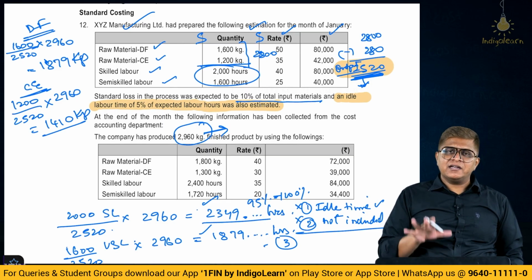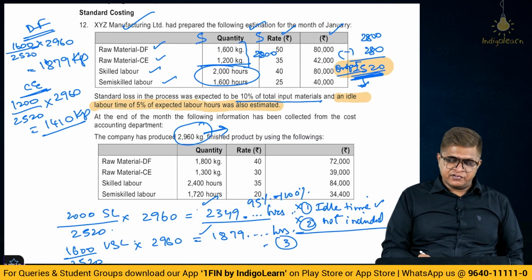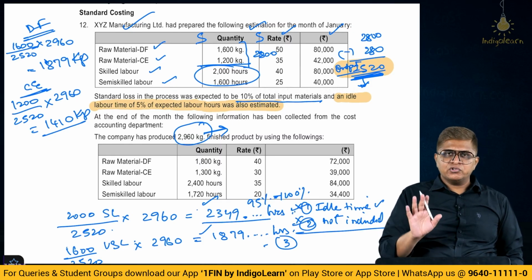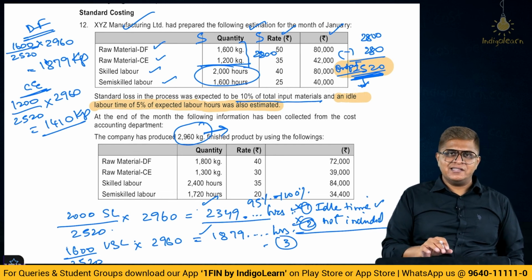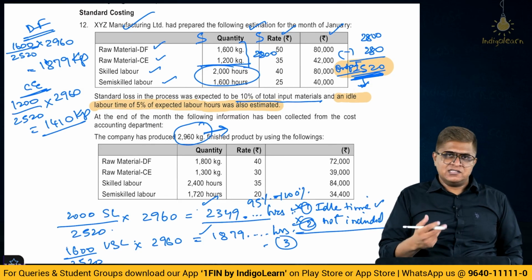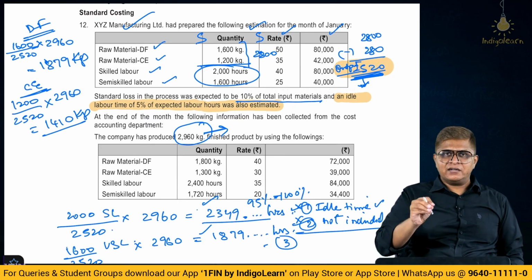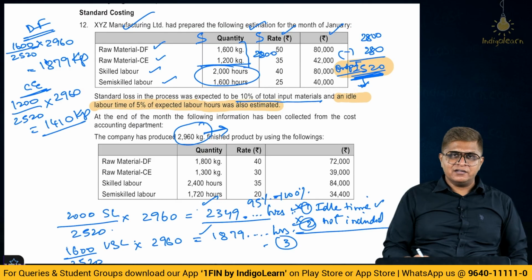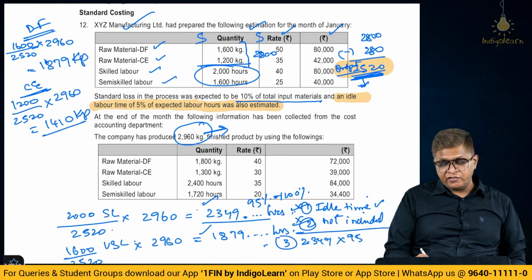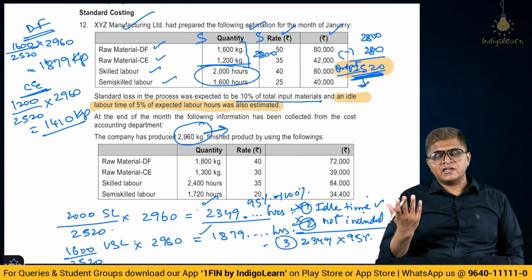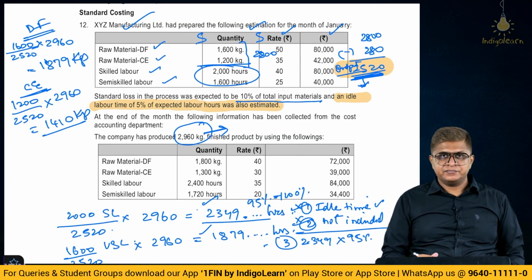When it comes to examination, you do either the first one or the second one. I am sure you are going to get reasonable marks with the assumption, because what the institute has done in the RTP does not make logical sense to me. But since they have done it and since we are going to go through that, I am just bringing it to your attention. So what they have done is they have said this 2349, let us calculate only 95% of that. 5% they are completely ignoring, I don't know why.